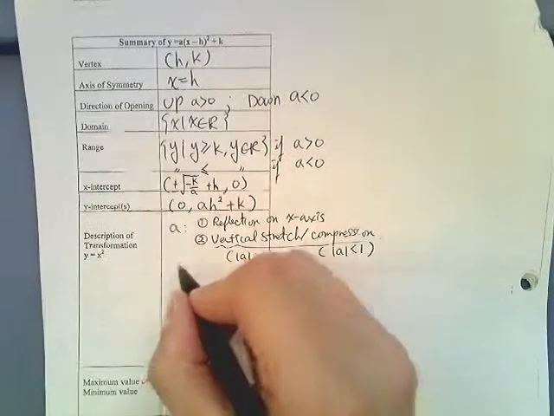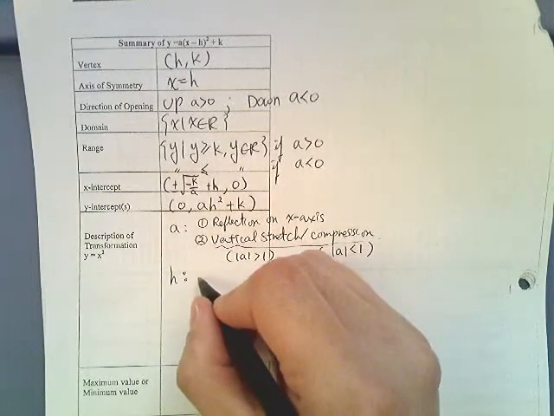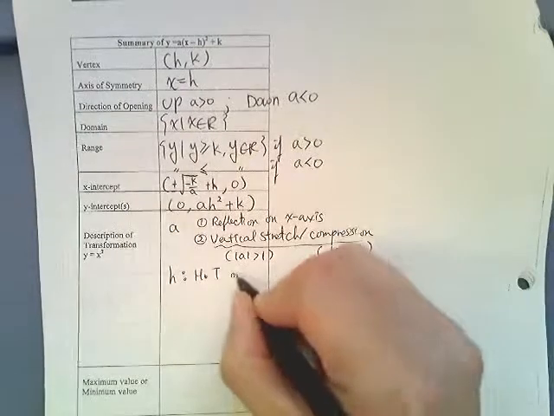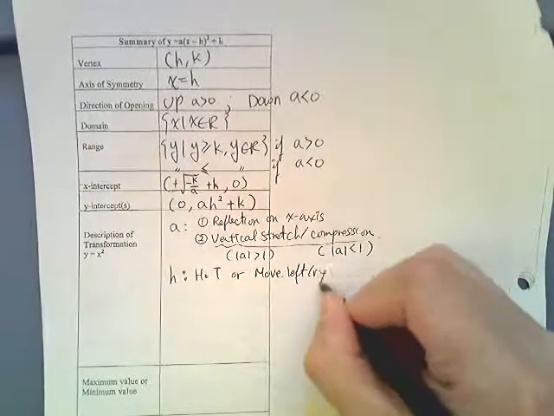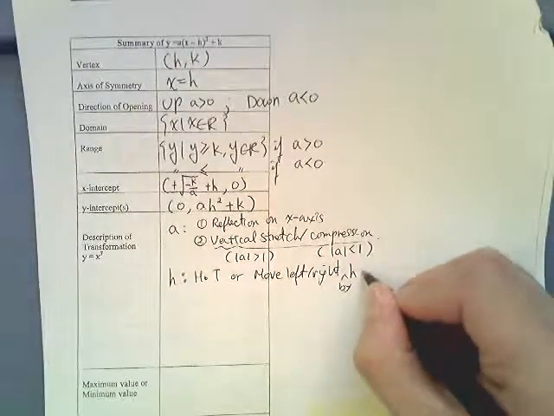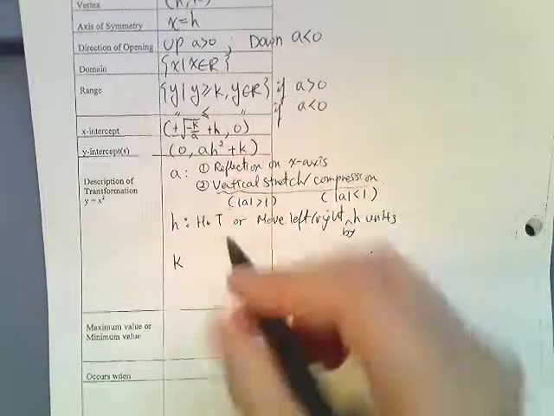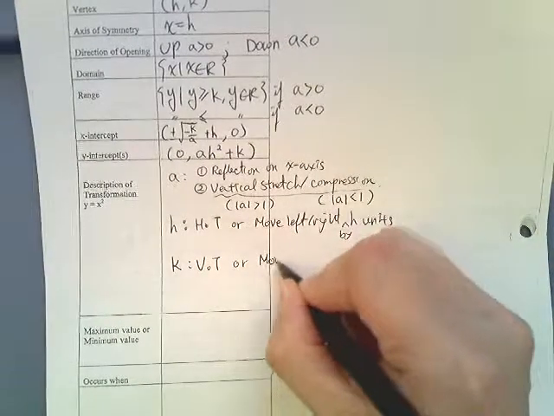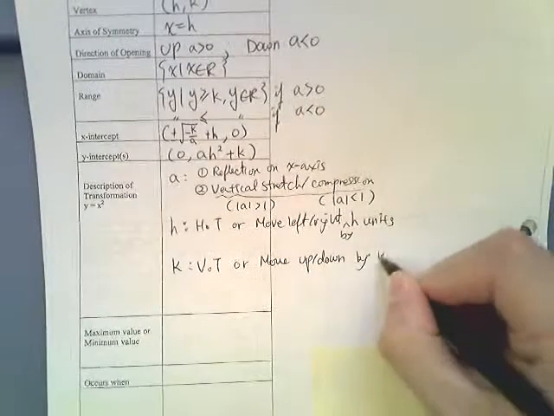Then we have h, which does just one thing: horizontal translation. So I'm just going to put horizontal translation, or move left or right, by h units. Lastly, k is either vertical translation or move up or down by k units.